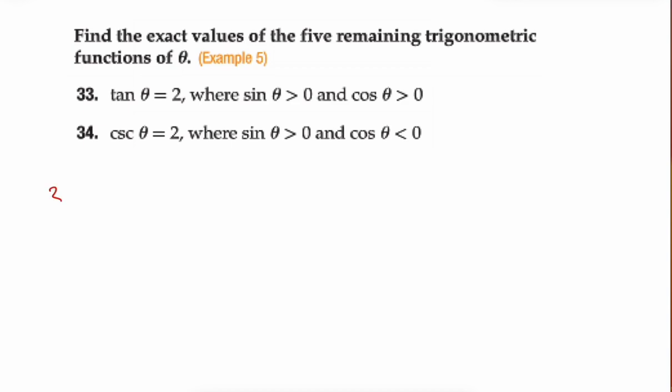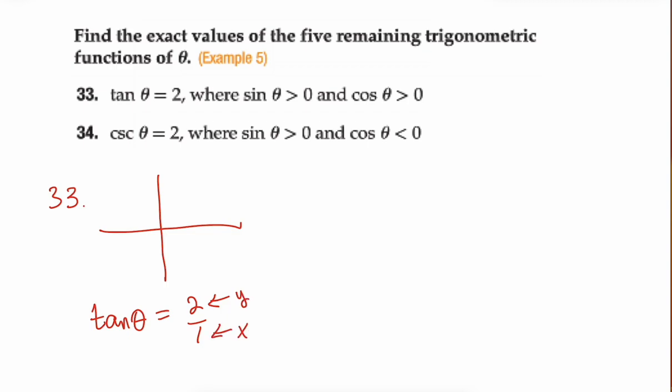For 33, think about the tangent as 2 over 1. So if it's 2 over 1, you want to think about this. It's your y value. This is your x value. So the sine and the cosine are both positive. The sine is y over r.